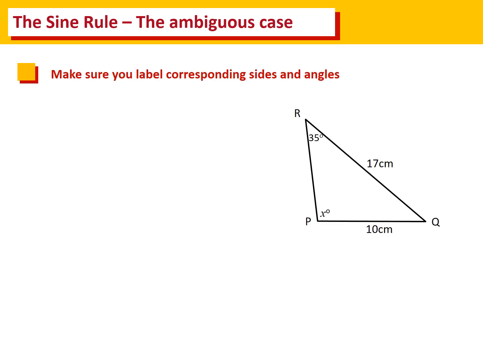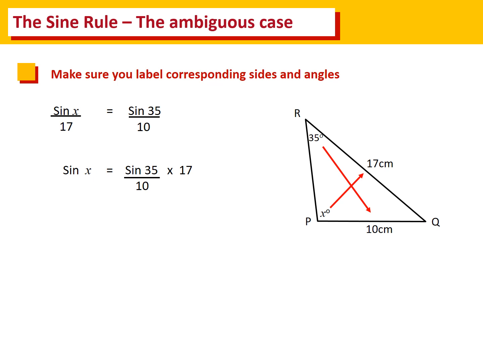So let's look at an example then. We can see in the example that x does look like it's more than 90 degrees. It looks like it's an obtuse angle. So x goes with the length 17, so that's sine x over 17. 35 is opposite the 10 centimeter side, so that's sine 35 over 10. Multiply both sides by 17.